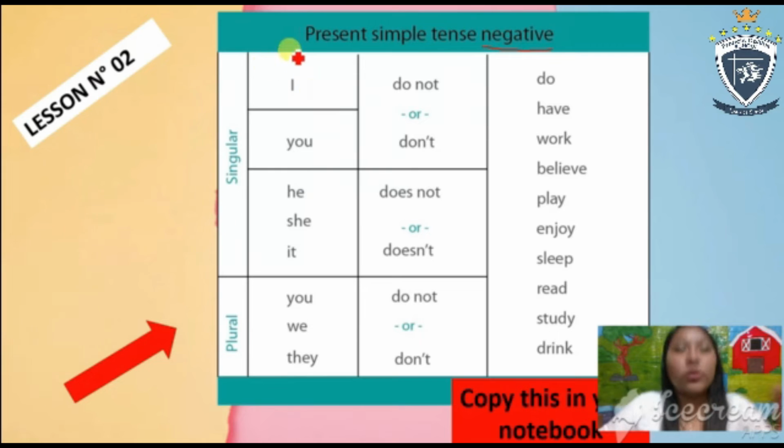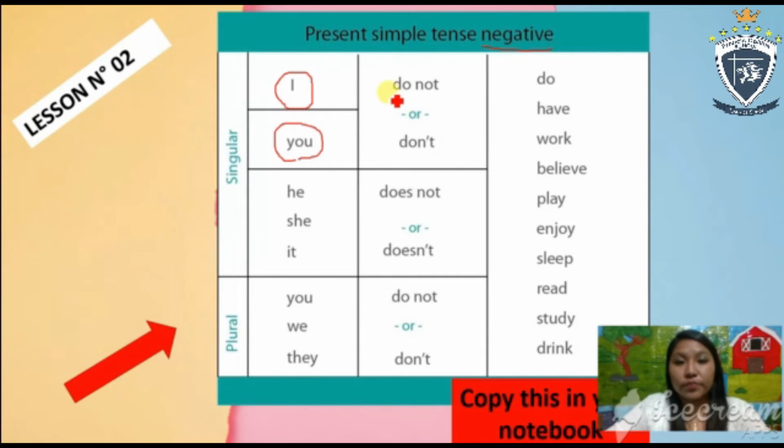Those are singular. I and you are going to work with do not or with the contraction don't. Do not or don't. This is more used. Este es más usado. La contracción es la que más se usa.